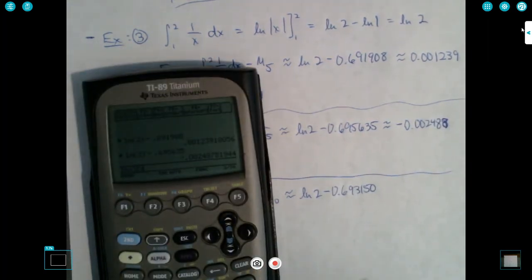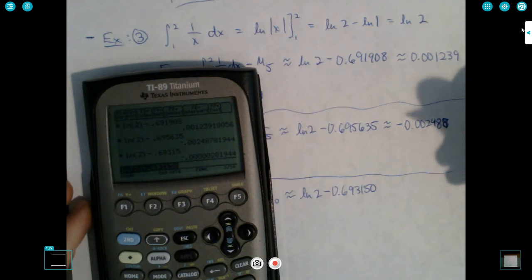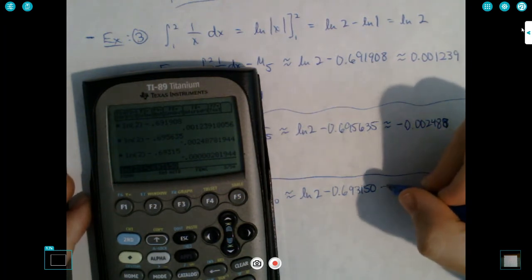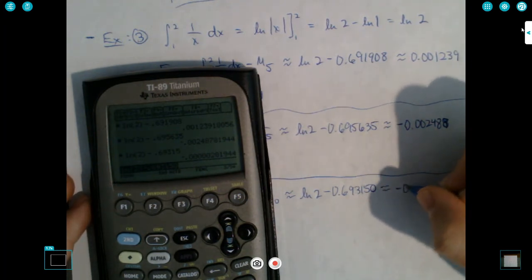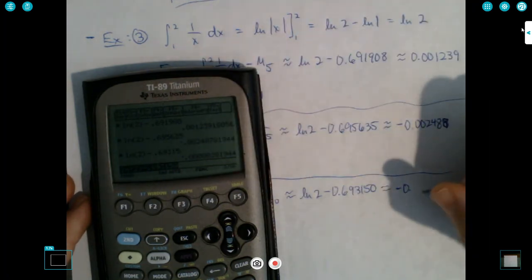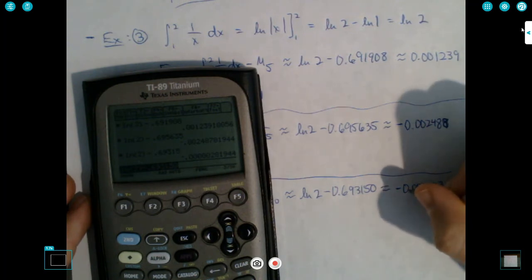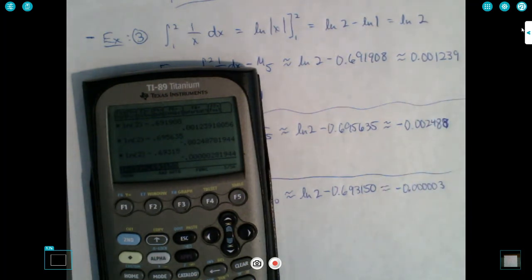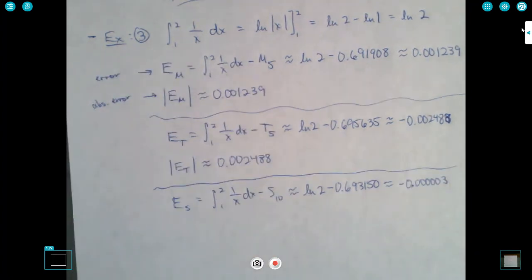Yeah, I would say that's better, right? So that's about negative 0.123452345. It's a good thing we've been rounding to 6 decimal places, or else we wouldn't have even seen what the error was here. We would have said, oh, the error is 0.